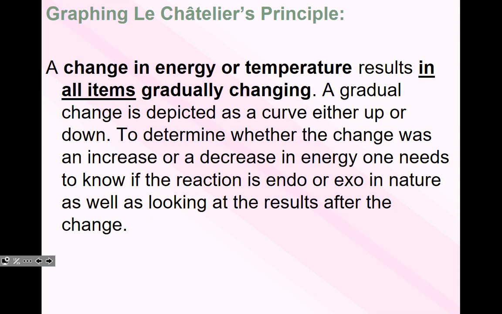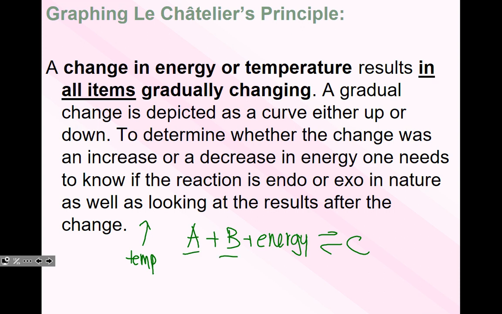So let's take a look at the graphs, and this is where we're going to take a look at things a little bit more closely. A change in energy or temperature results in all items gradually changing. Because when I change something, let's say A plus B plus energy, for example, yield C. If I'm increasing the temperature, I'm not just increasing the temperature of entity A or B, I'm increasing the temperature of the whole thing.